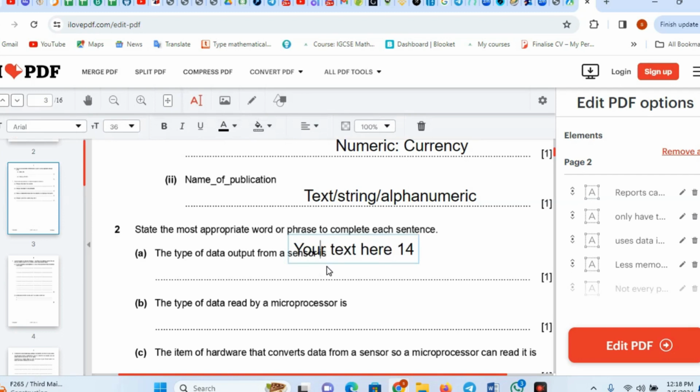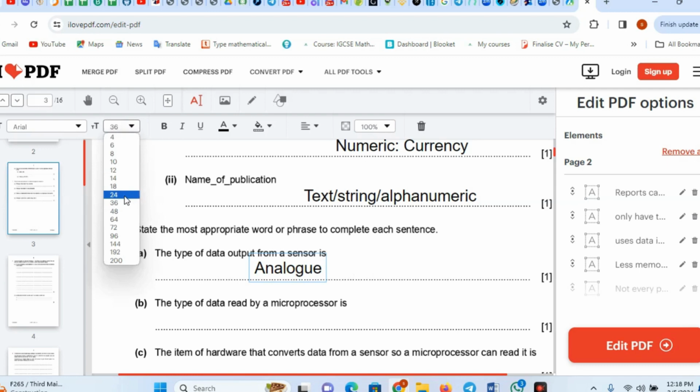That's very simple. Yes, good of you. The type of data output from a sensor is known as analog. Okay, analog is what you get from a sensor. So you have analog. That's the answer to the question.